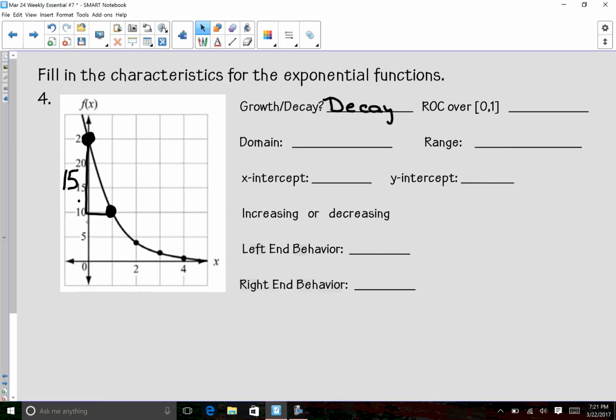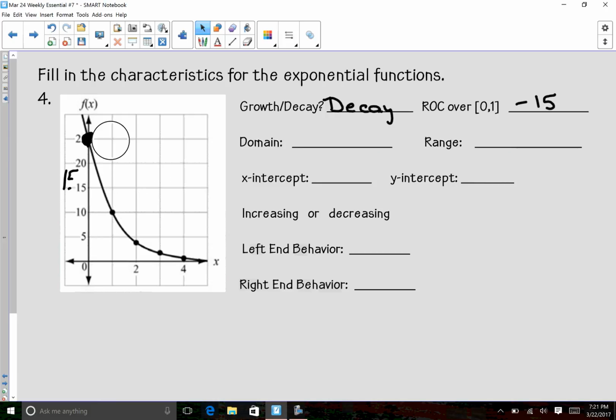And then going this direction, we are going by 1s, and so that's 1. So going from the right to the left, I'm going up 15 units, and I'm going left 1. And so that's going to be -15.